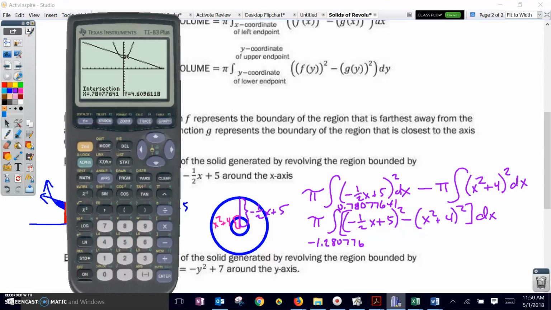And now that I have my whole integral set up, I can go ahead and use my numerical integral to find the volume of this solid.